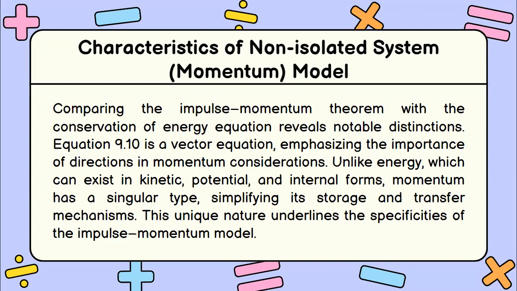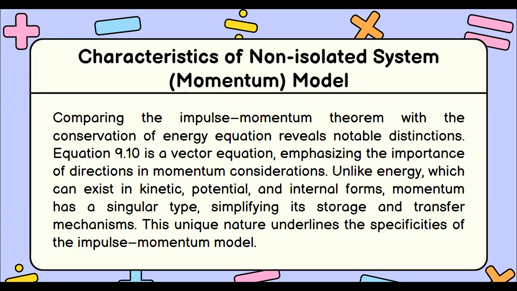Unlike energy, which can exist in kinetic, potential, and internal forms, momentum has a singular type, simplifying its storage and transfer mechanisms. This unique nature underlines the specificities of the impulse-momentum model.